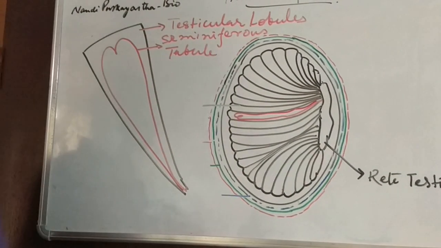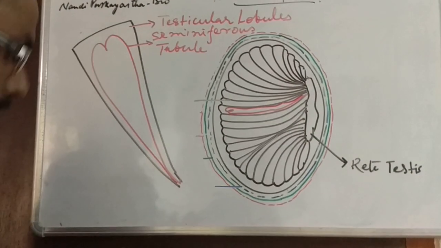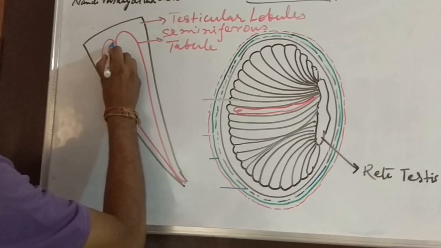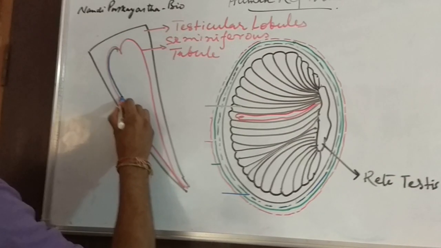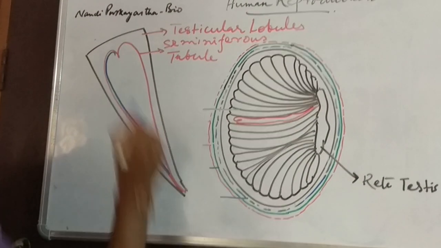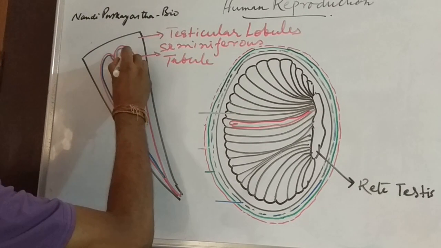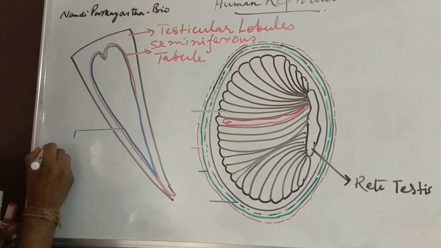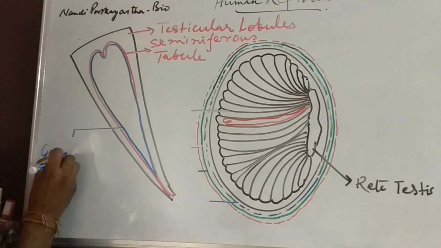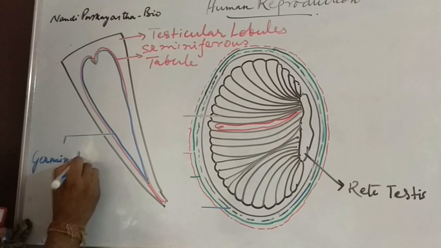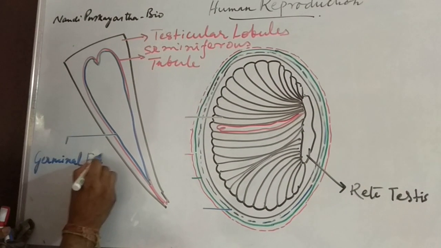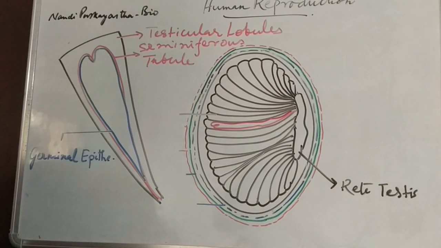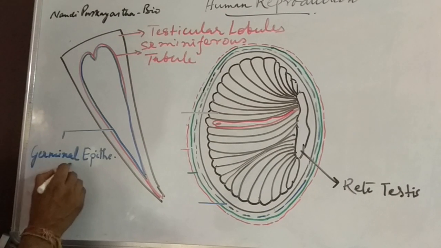There may be one or two seminiferous tubules. See another thing, I am putting it with blue. In the seminiferous tubule, there is the occurrence of the germinal epithelial layer. Can you see it? Blue color. What is it called? Germinal epithelial layer.